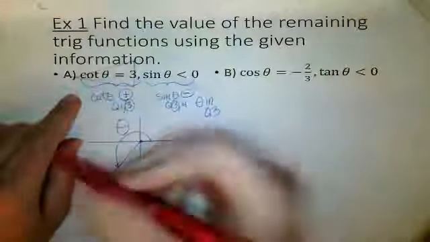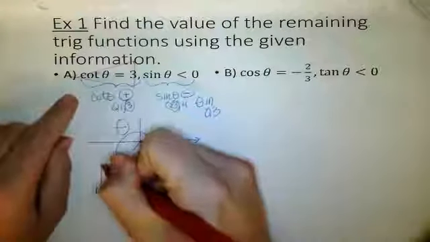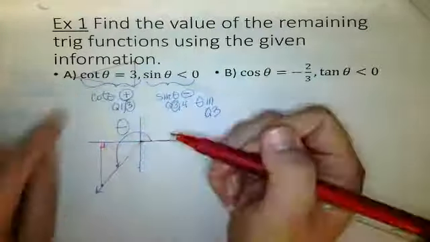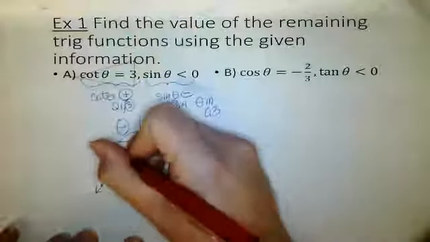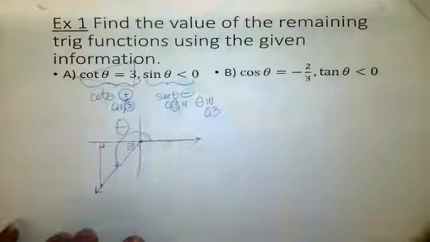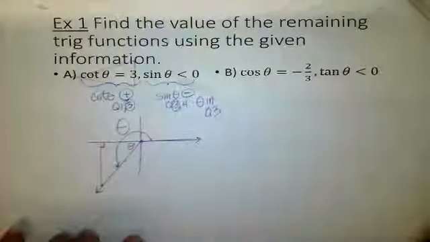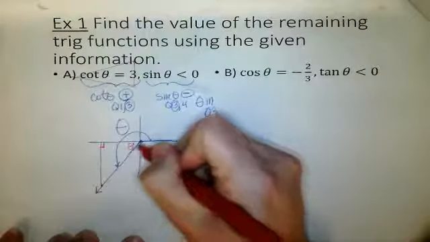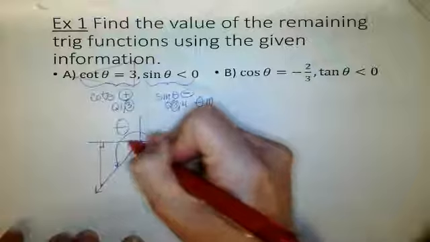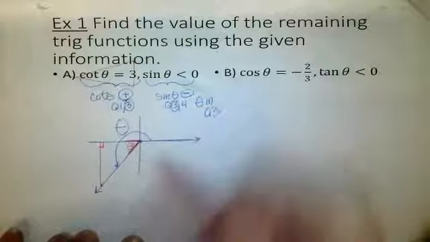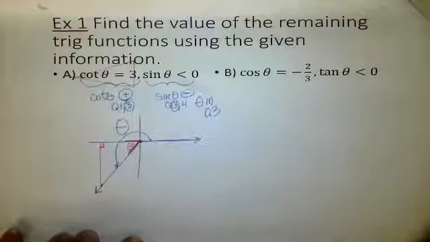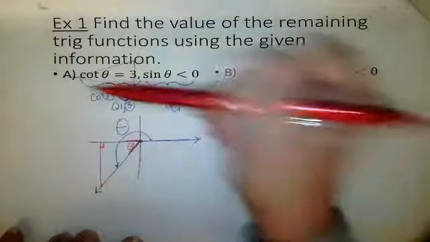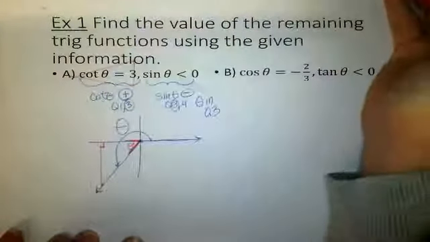Drop the altitude from anywhere on my terminal side, which creates that opposite leg of my reference triangle. So this is your reference angle between the terminal side and the x-axis. So we're always looking from right next to the origin. So cotangent, what information is that when they tell me cotangent?